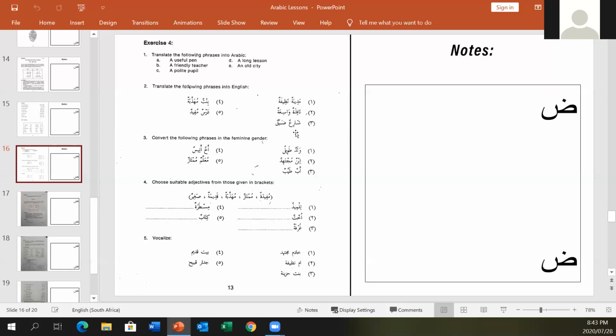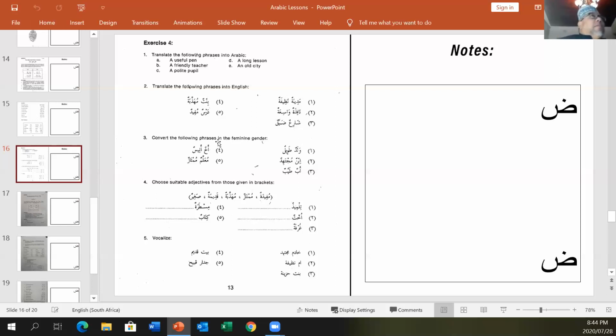Shari'un dayyiqun: a narrow street. Bintun muhadhabatun: a polite daughter. Everybody agree? Darsun mufidun: a useful lesson. Beautiful.